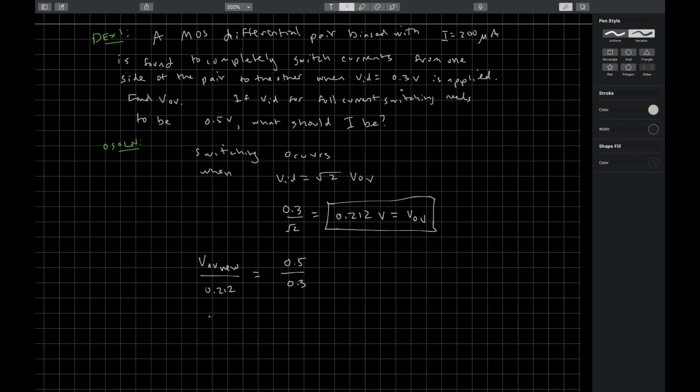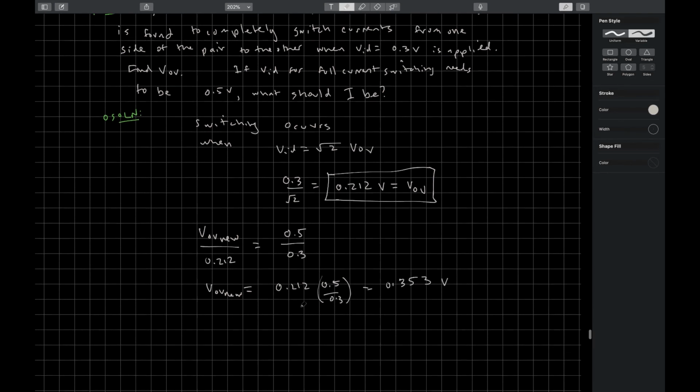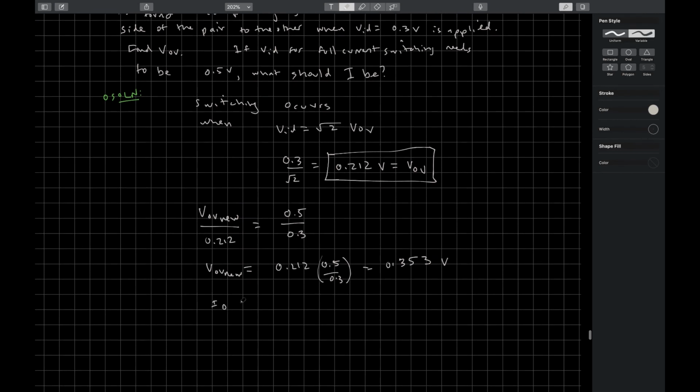So that means that the new V overdrive is equal to 0.212 times 0.5 over 0.3. So that's like 1.66 times 0.212. So this is equal to 0.353 volts.